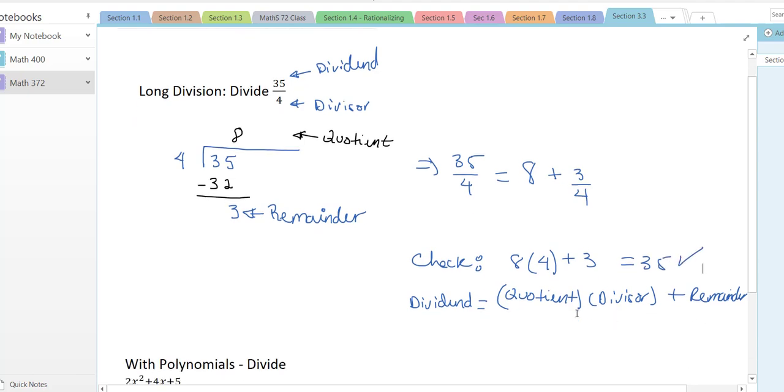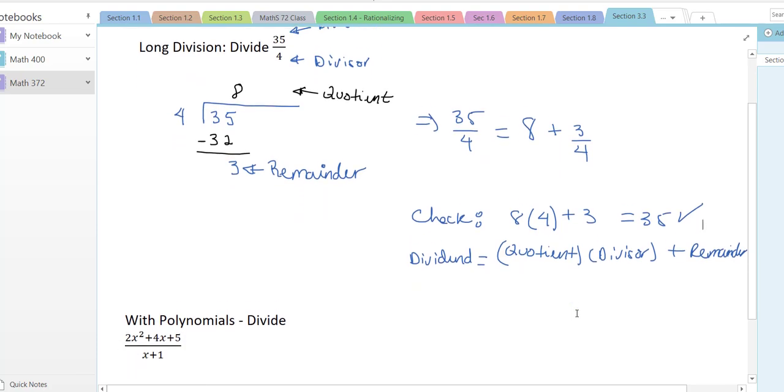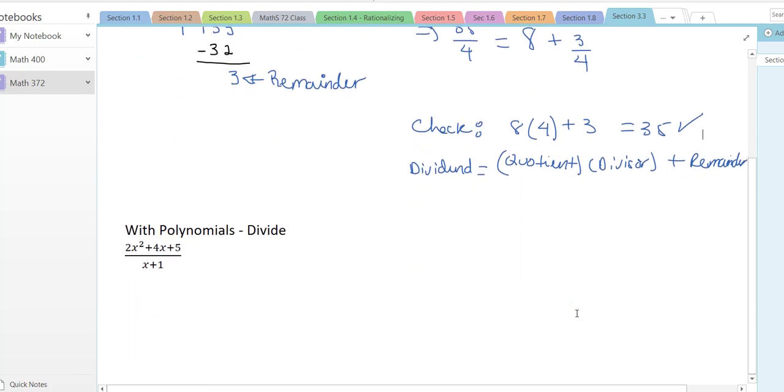So now what does that look like with polynomials? I have an example here. With polynomials, we want to divide this quadratic by this linear. Now remember, x stands for a number, so x can be anything. For example, what if x was 3?